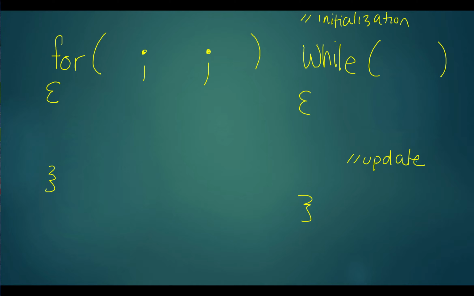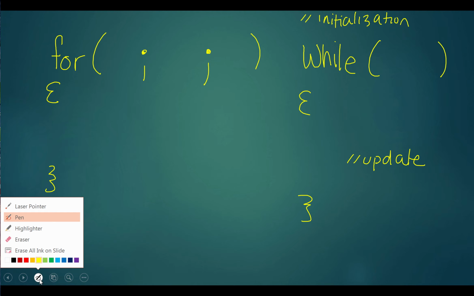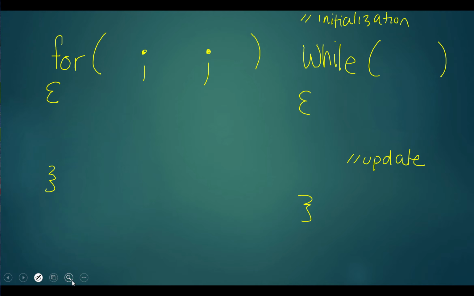So let's just do a quick example. I'm going to pick a different color, let's use white. I'm going to do a quick example of a counting loop that's going to print the numbers 1 through 10 onto the screen. So you start with an iterator.